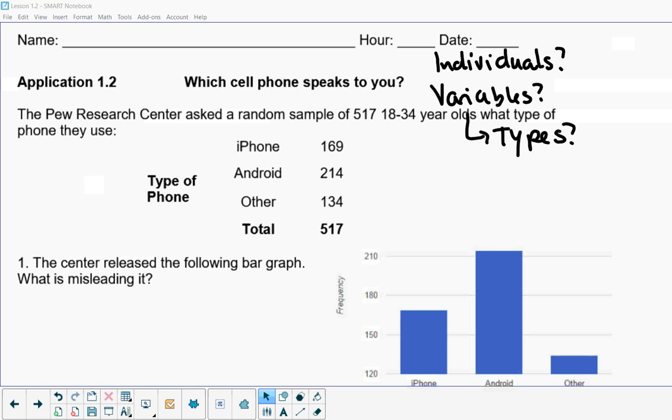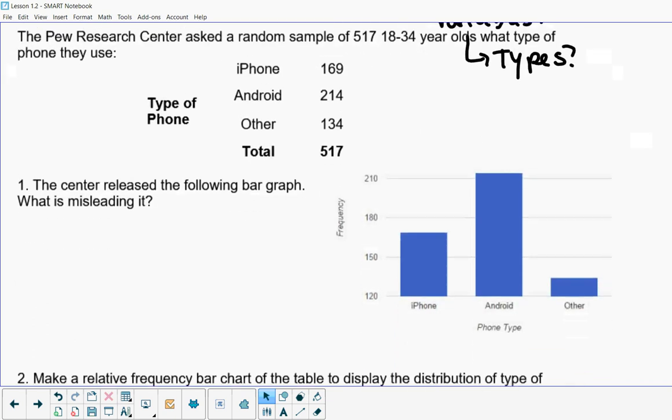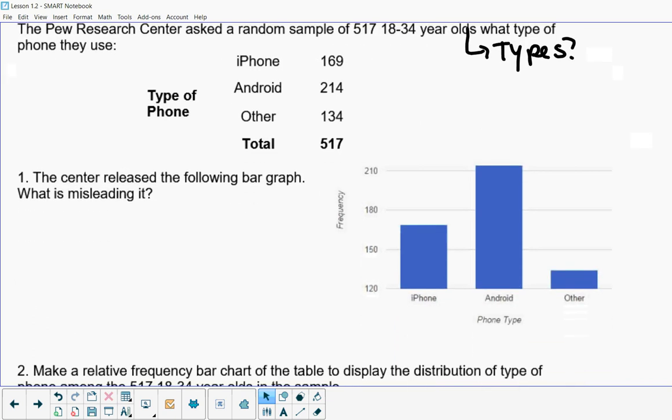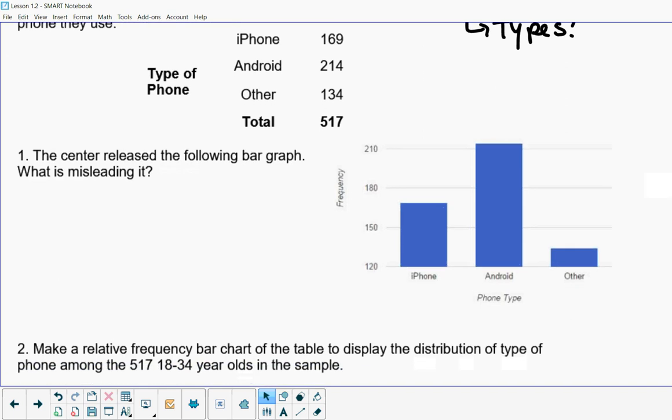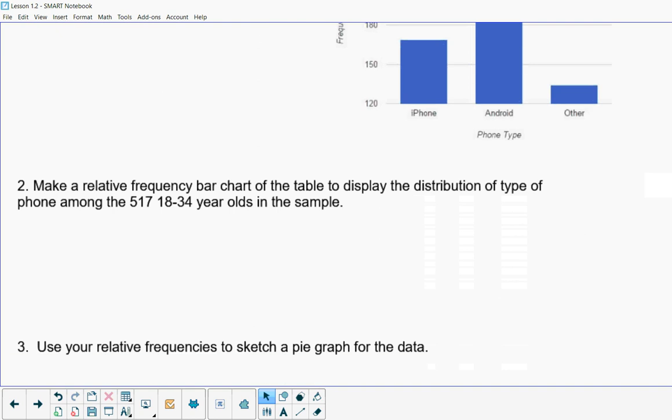With that in mind, you're going to take a look at your data. You've got a representation. You're going to see what's misleading about the bar graph. And then you're going to make a relative frequency bar chart for the table to display the distribution of types of phones for those 517 18 to 34s that were asked in the sample.